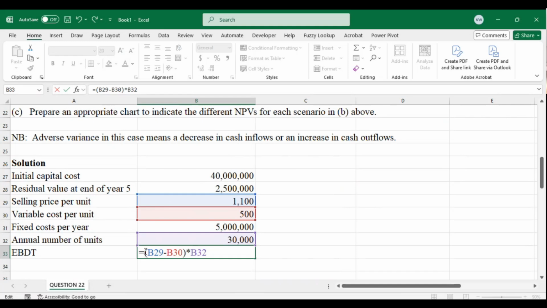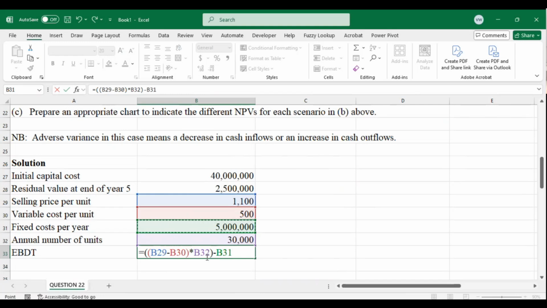I always prefer using brackets, so that I close everything in one bracket as the total contribution, before I minus the fixed cost of 5 million. So you can see I now have the total contribution in one whole bracket, minus the fixed cost.